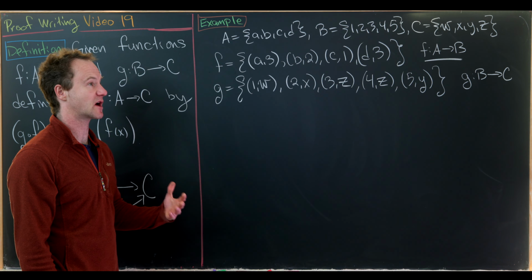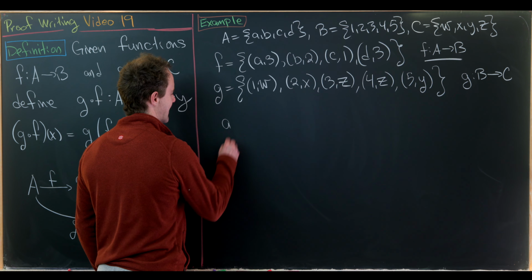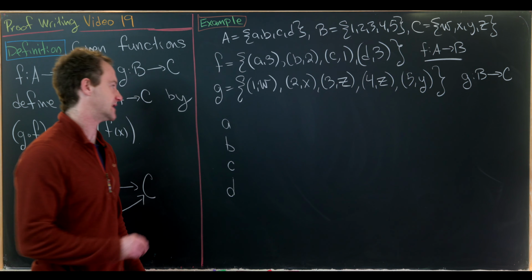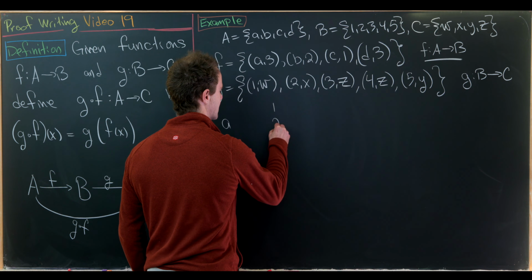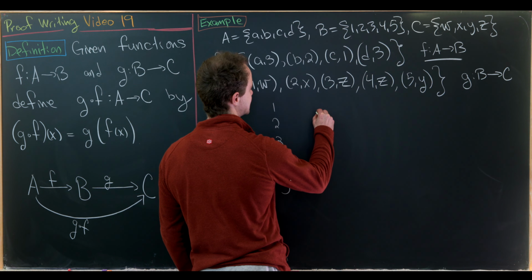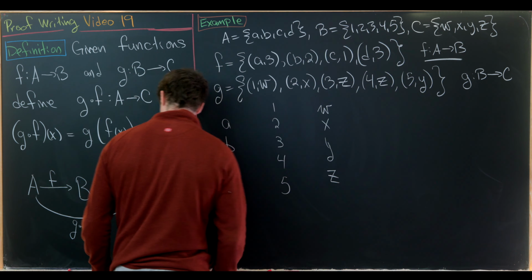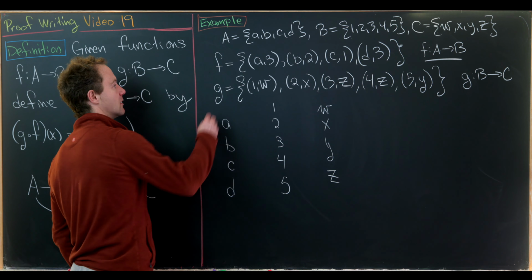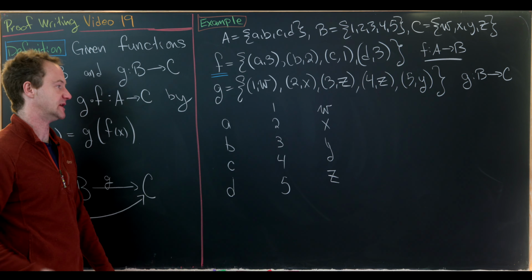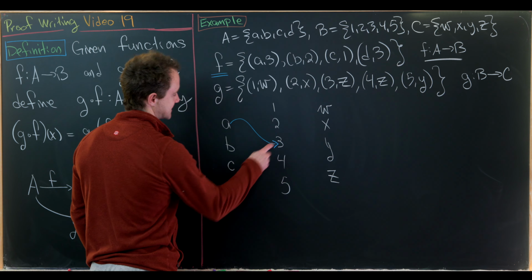Okay, and now we'd like to write the composition as a set. So let's get to it. Let's say we have our set A here, so we can put it out as a diagram as these points a, b, c, and d. Then we have our set B here, which is just the points 1, 2, 3, 4, 5. And then finally our set C, which is W, X, Y, and Z. Now maybe this blue arrow will be what f does to assign elements of A to elements of B. So notice it takes a to 3, so that gives us this sort of assignment here.